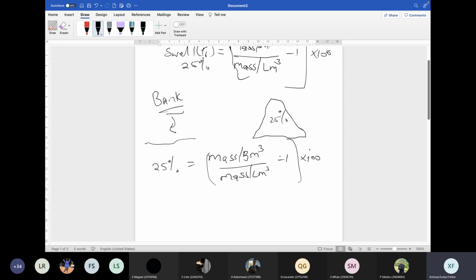So you'll just divide this, but the most important thing for you to note is what is BM cubed over LM cubed. This is the L that we're talking about. BM cubed over LM cubed, we are talking about the load factor.